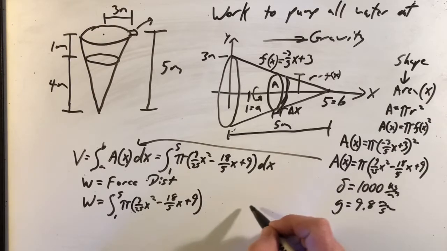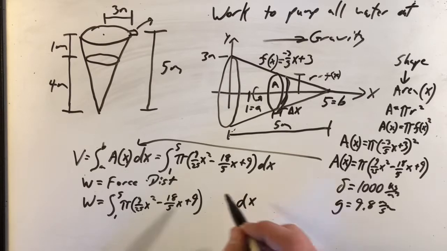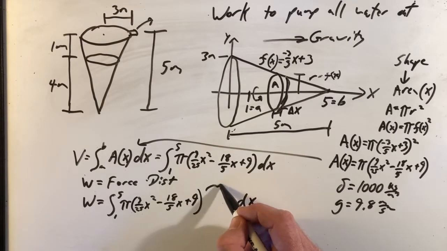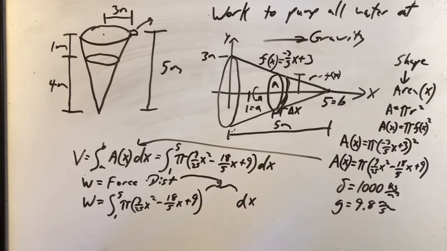I'm going to leave off the dx. I'm going to put that way over here, because I still need to squeeze in my distance right here. Okay? But the rest of this so far is, oops, I forgot something.